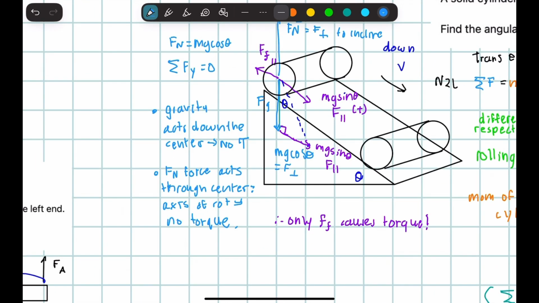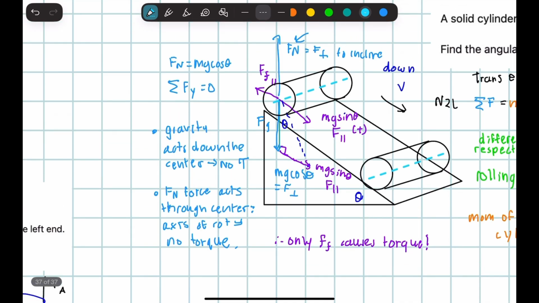So we know that gravity acts down, and specifically what we're focused on here is the rotational motion. Because we're focused on the rotational motion, we have to focus on where the axis of rotation is. The axis of rotation is in the dead center of the cylinder. Because of that, gravity acts down through the center of the cylinder from all points.